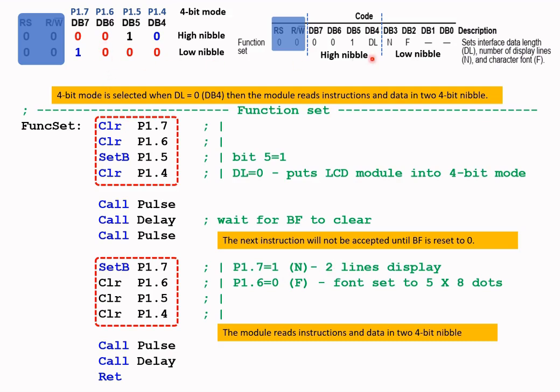And since F is 0, the font is set to 5 by 8 dots. So now the function set is complete. The pause and delay explanation will come in a moment.